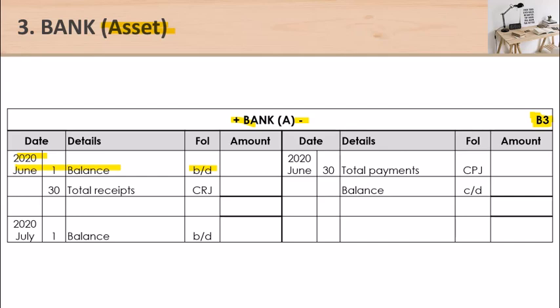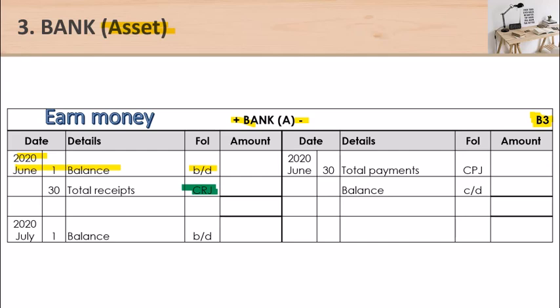Then, what can you do to have more money in your bank account? You can earn money. And if we earn money, another way of saying that is saying that we are receiving money or receiving cash. In other words, this will be from the CRJ. And you will notice there's a bank column in the CRJ. And that's the column that we will post here on the plus side of the bank account.